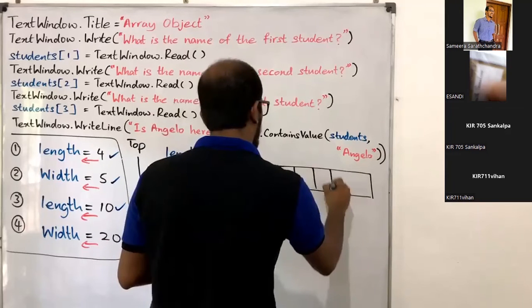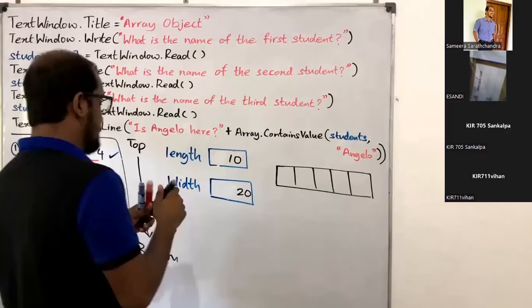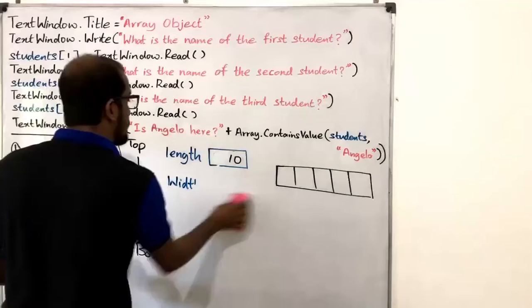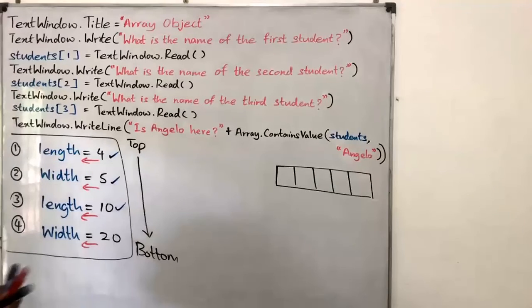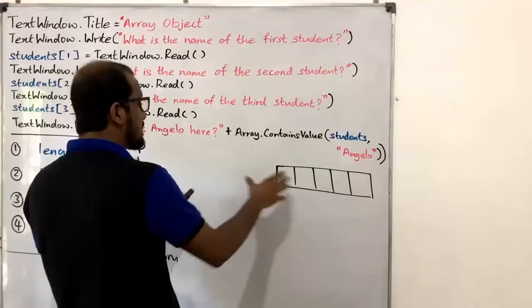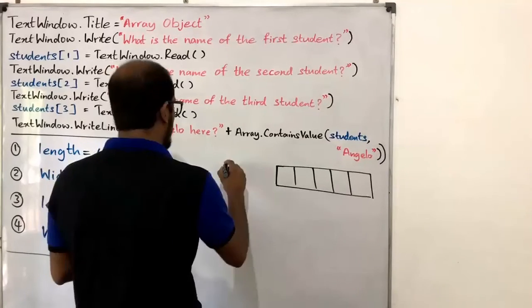I'd like to erase this. So this array's name is vowels. The array's name is vowels.